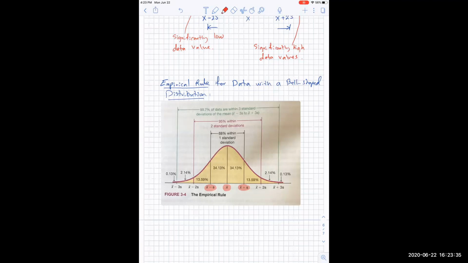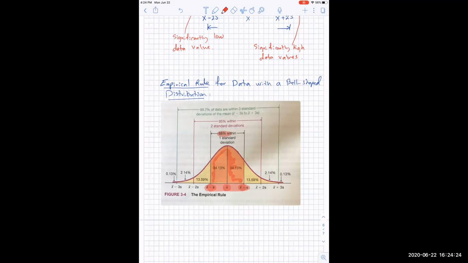Within 1 standard deviation, which means this area here, you have about 68% of your data values. 34% above and 34% below, approximately. 68% of your sample data are within 1 standard deviation from the mean, if you have a bell curve distribution.